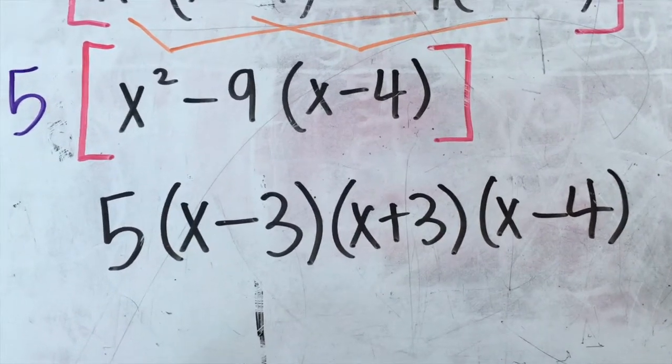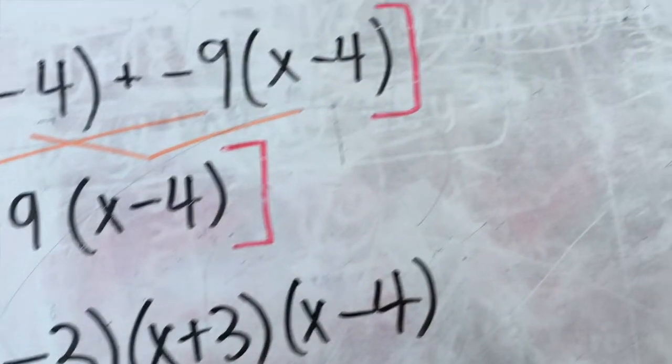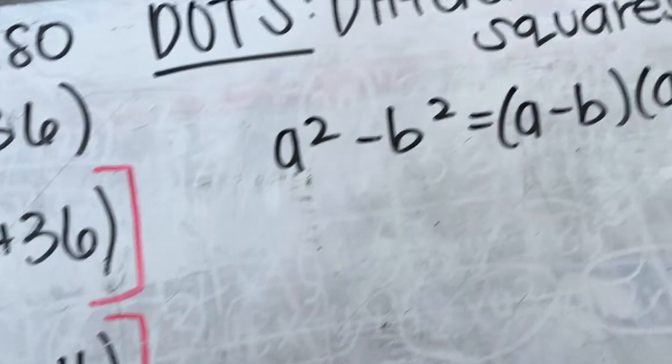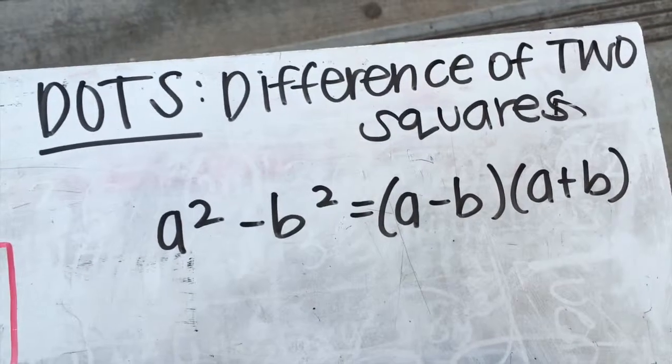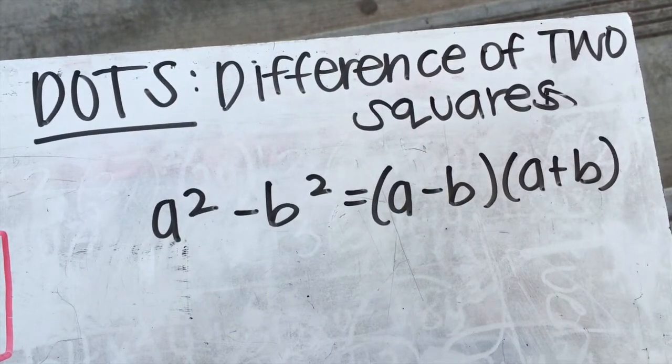And then you get 5 times x minus 3 times x plus 3 times x minus 4. This problem is an example of difference of two squares. A squared minus b squared equals a minus b times a plus b.